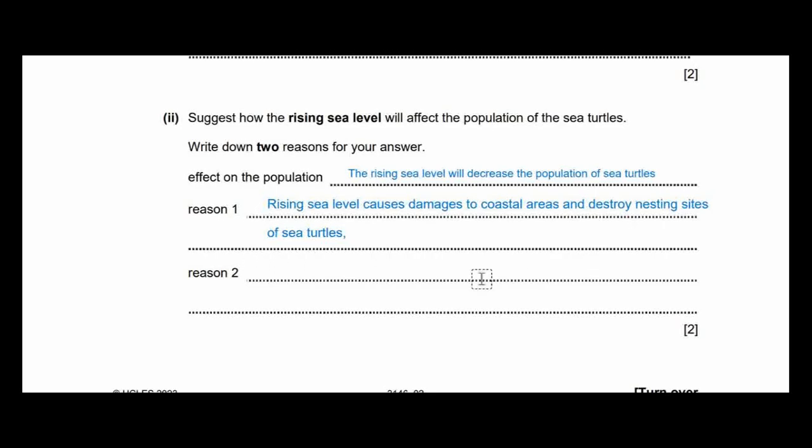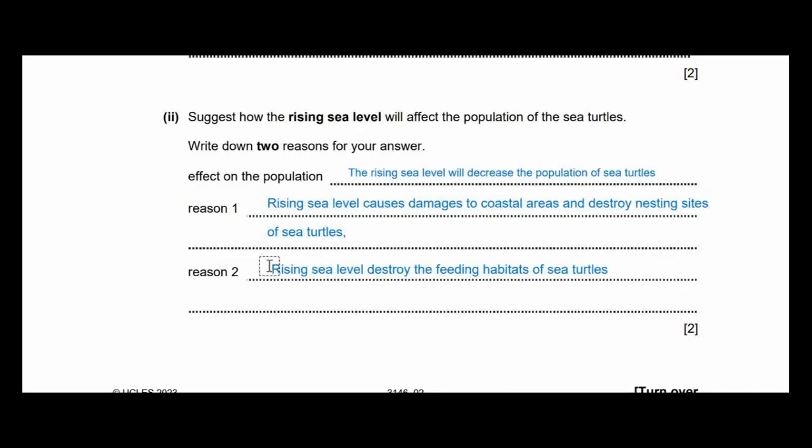Can you figure out the second reason? 10 seconds from now. 10, 9, 8, 7, 6, 5, 4, 3, 2, 1. Let's open up the answer. The second reason could be that rising sea level destroys the feeding habitats of sea turtles. That will be an example of a possible correct answer.